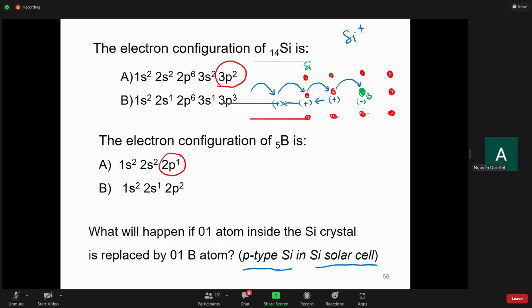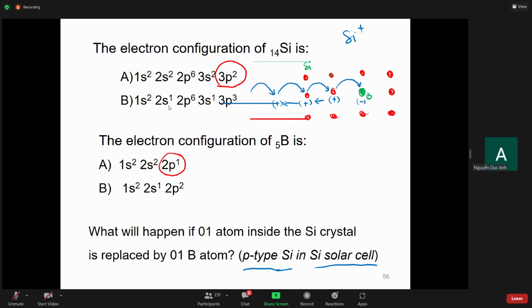A silicon solar cell contains p-type silicon and also n-type silicon. n-type silicon means you dope, or replace, silicon with another element which has a higher atomic number, or more electrons than silicon, and the electron will jump to the silicon.